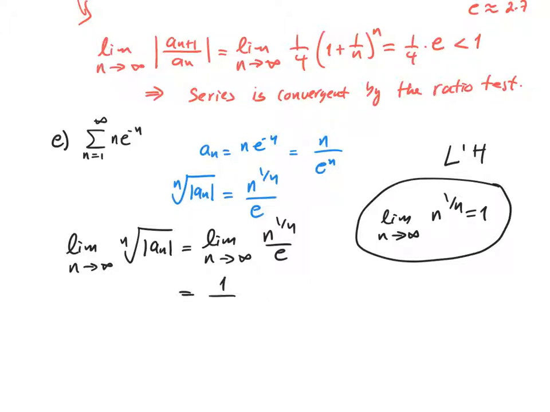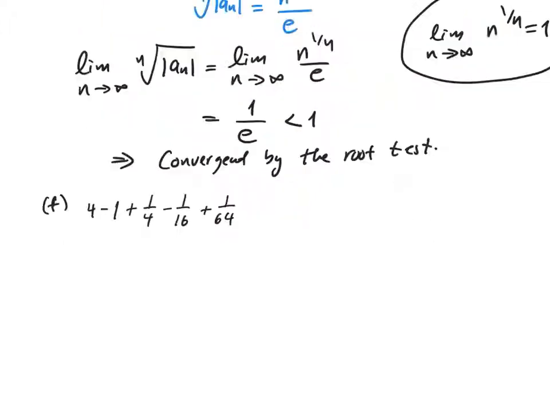So therefore this is 1 over e, which is less than 1. So that implies that this is convergent by the root test. Remember, you can also use the integral test here. It will take a little longer, or you can use the ratio test too. Should be pretty fast too.